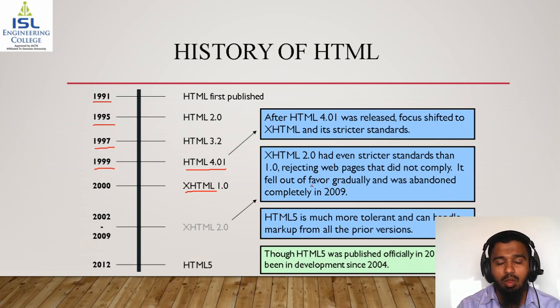It fell out of favor gradually and was abandoned completely in 2009. HTML5 started in 2012. HTML5 is much more tolerant and can handle markup for all the prior versions. So this is a very good thing now.